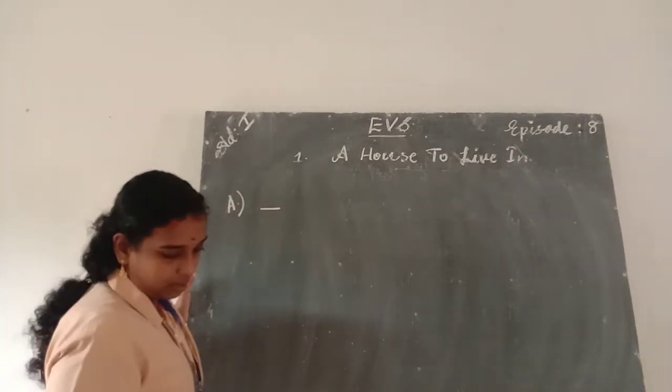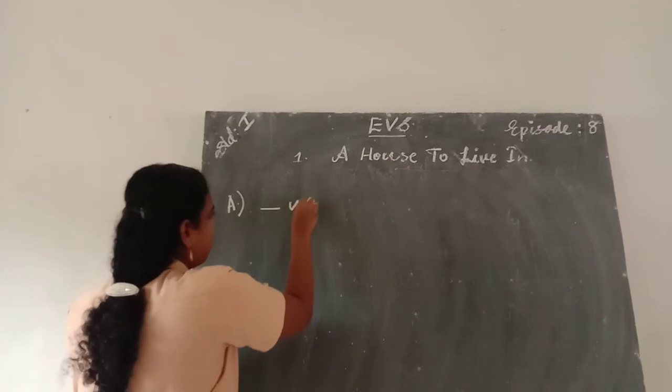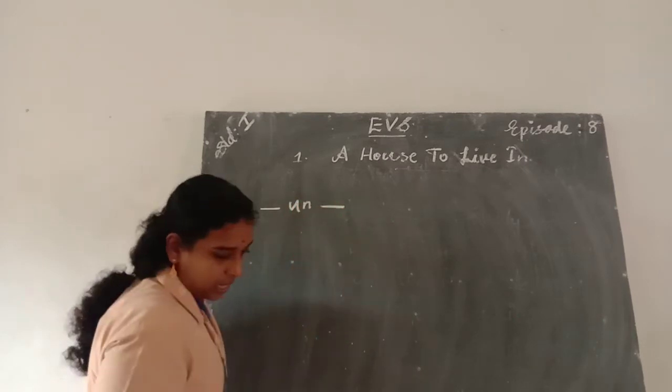Here a letter is missing. Then U, N. Here also a letter is missing.